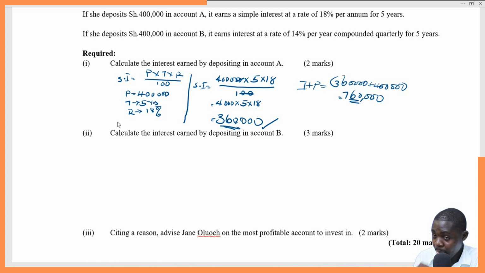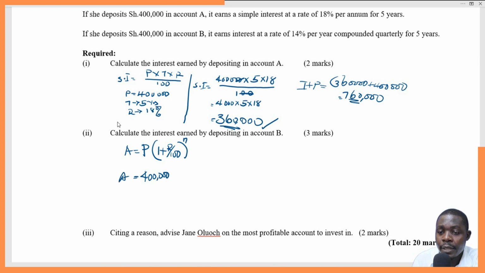Now you have to write that particular formula. Amount is equal to principal times 1 plus R over 100, raised to power n. In this case, n is the period or the time. The principal we have been given is 400,000, so I'm going to write 400,000 here.